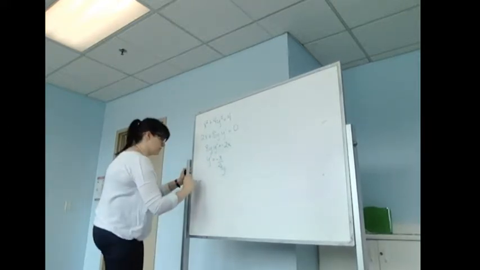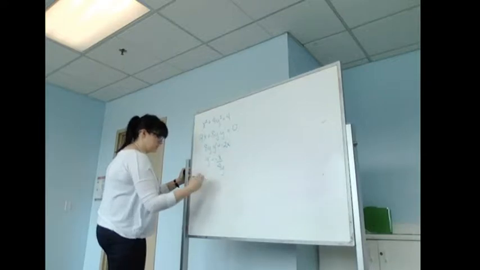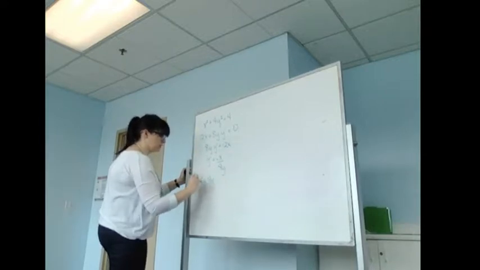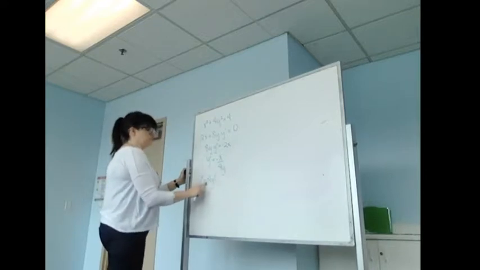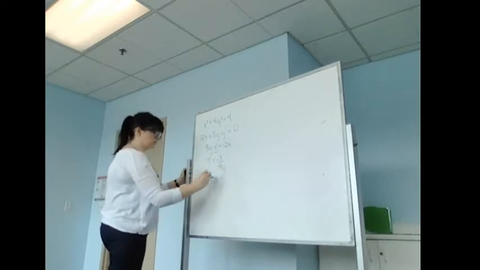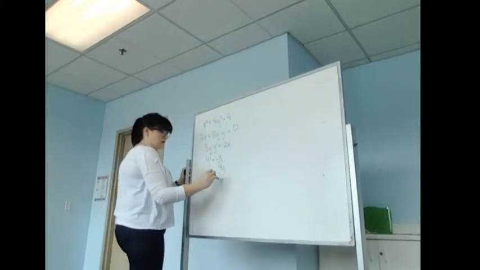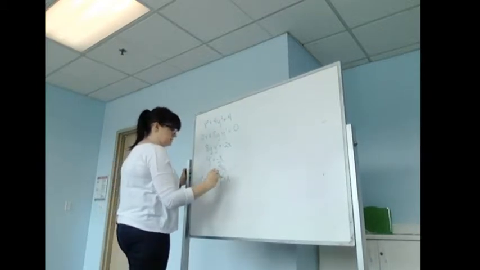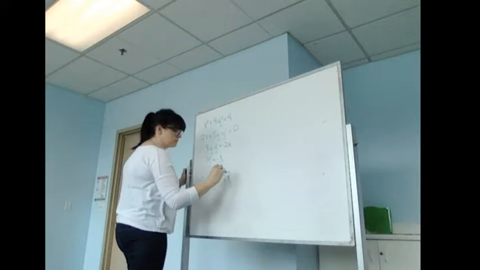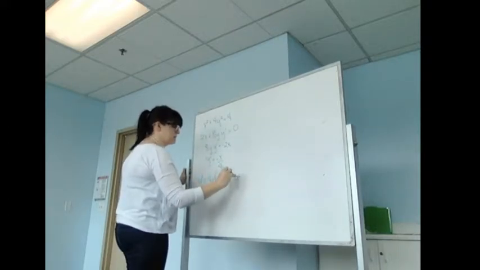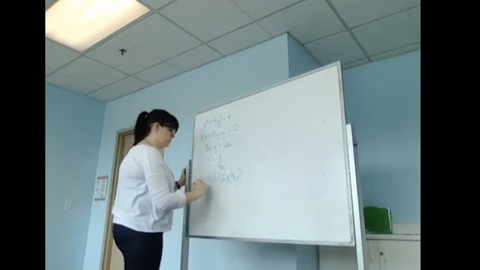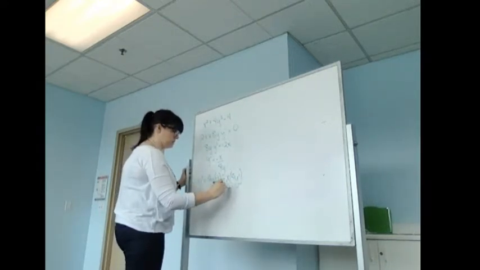So then y double prime equals 4y, times the derivative of the first, negative 1, minus negative x times the derivative of 4y, which is 4y prime, over 4y squared.